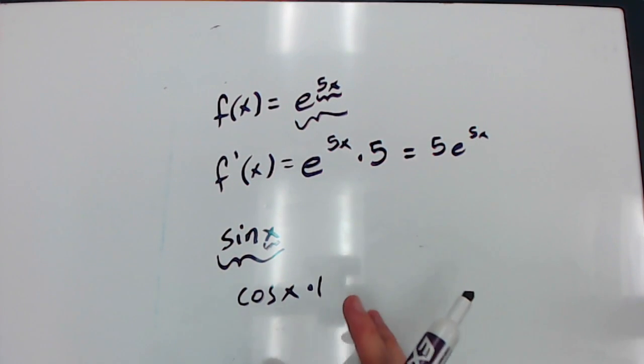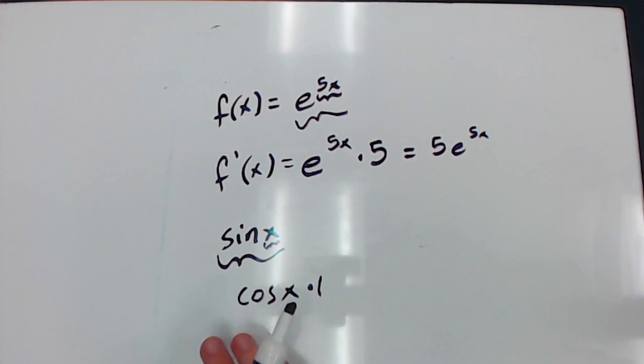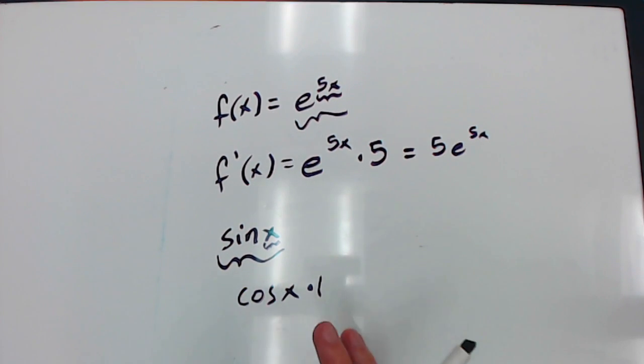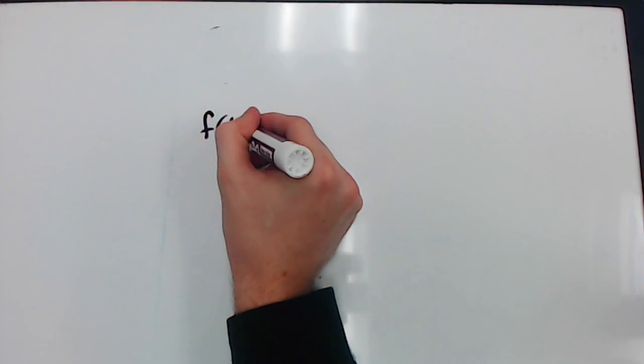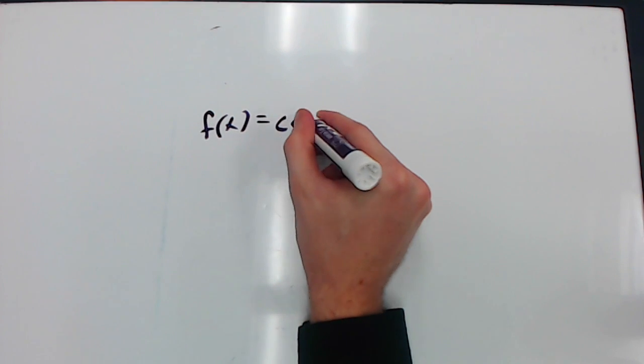So that's why you never see chain rule manifest in our traditional differentiation rules. But when we have anything other than just x being transformed by some sort of algebraic function or trigonometric function, then we're going to have to do chain rule. Now, the last simple example I'll do is cosine of 6x.